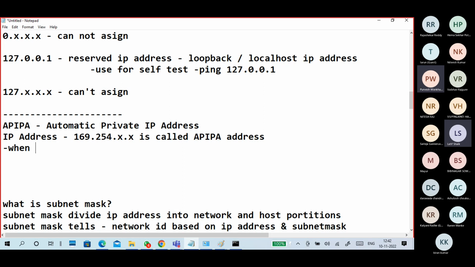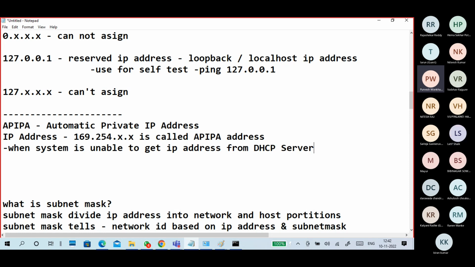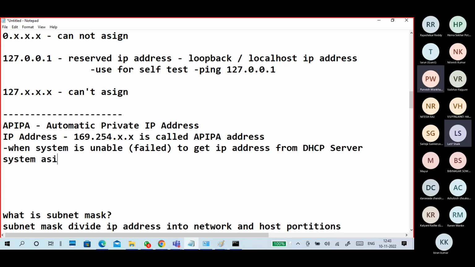When any system is unable to get an IP address from the DHCP server, or the attempt failed, the system assigns an IP address to that NIC or adapter from the APIPA range.